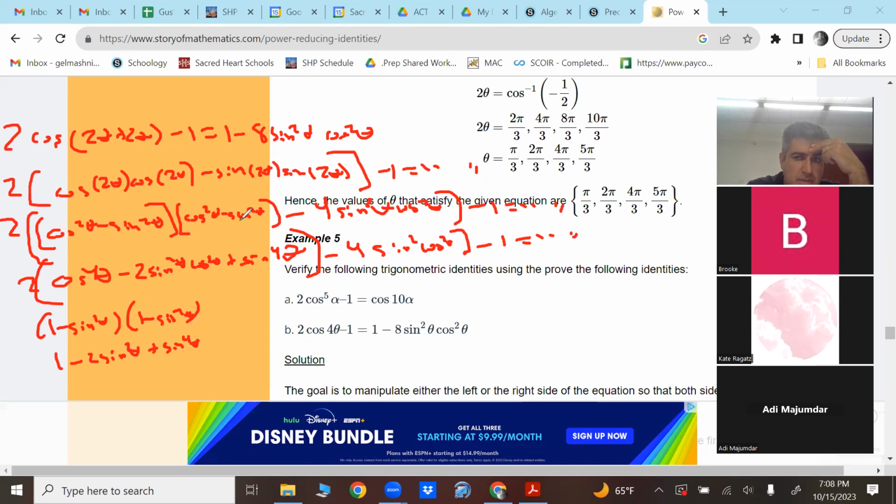I just got stuck with an extra -4 sine squared theta that I don't know how to handle. I was able to do it on the right side. That's what the solution queue says.